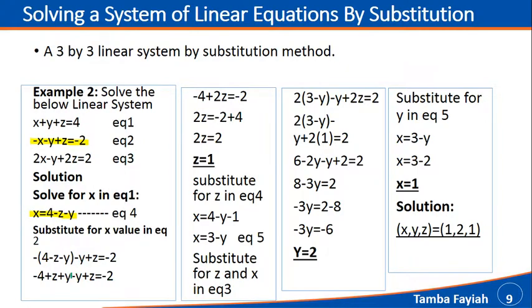Here we can see that the y cancels out the y, and then we have minus 4 remaining, and then we combine the z and z since they are like terms, so we have 2z equals minus 2.